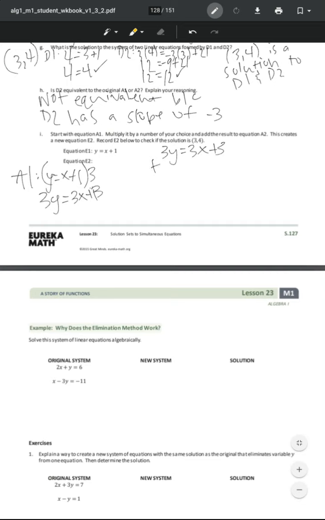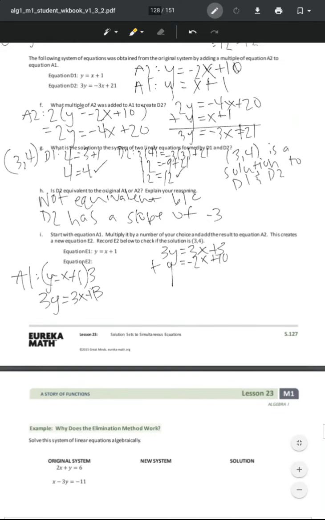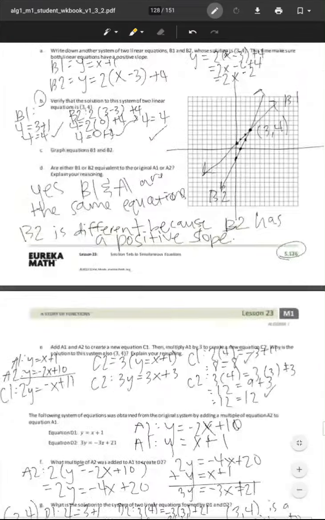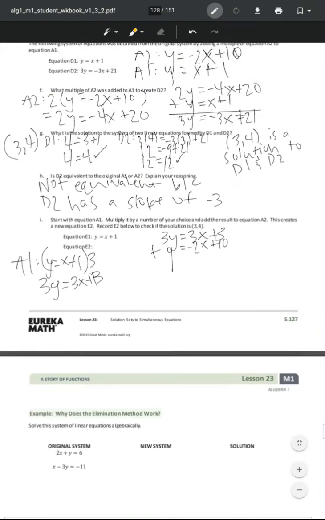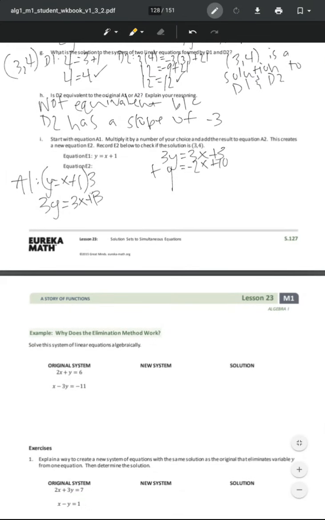A2, just to make sure, is y equals negative 2x plus 10. Adding these two together is going to give me my new equation, E2.